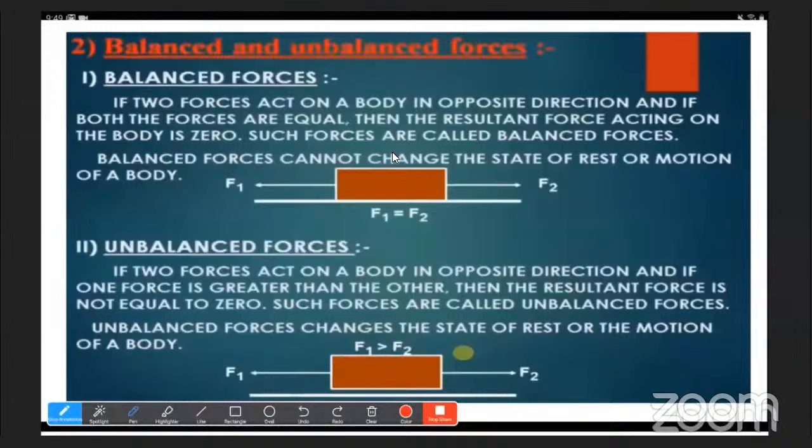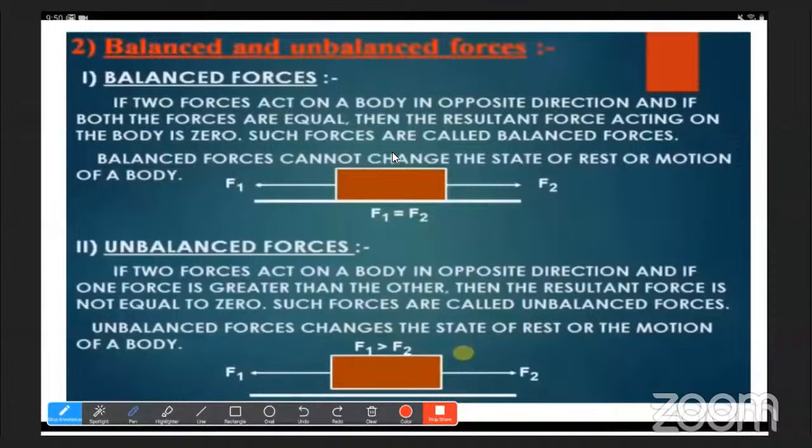So here, if two forces act on a body in opposite direction and if one force is greater than the other, then the resultant force is not equal to 0 here. So such forces are called unbalanced forces because here one of the forces is greater than the other.